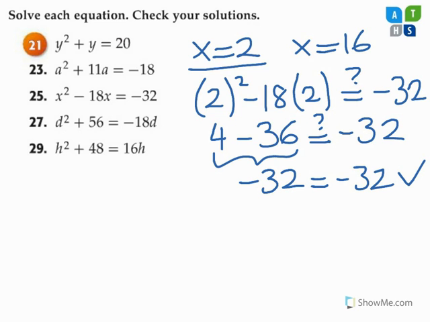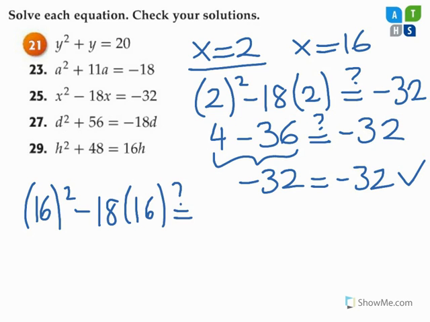For x equals 16, we are going to substitute 16 squared minus 18 times 16. Well, this should be equal to minus 32. Let's check. Yes.